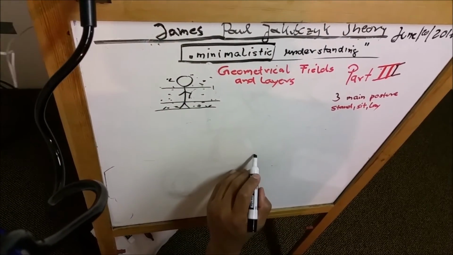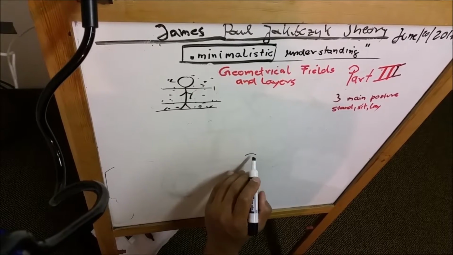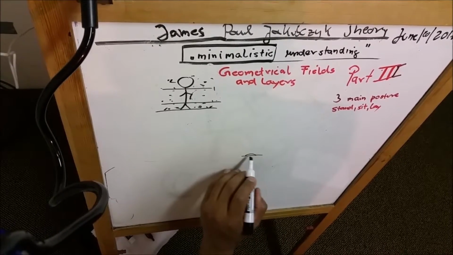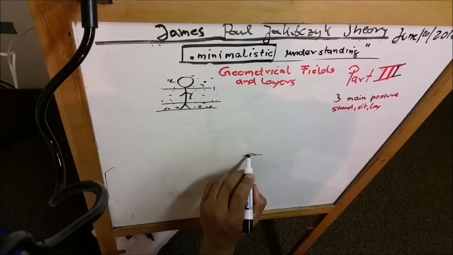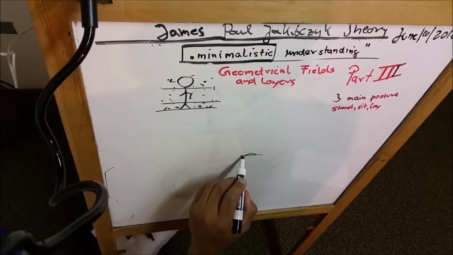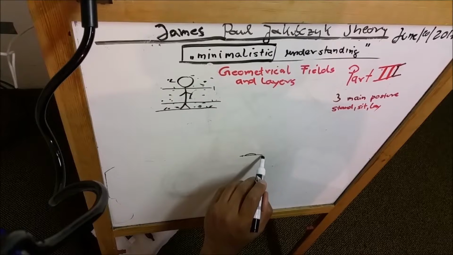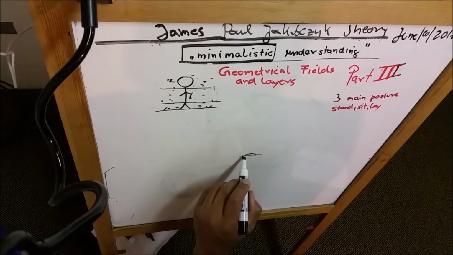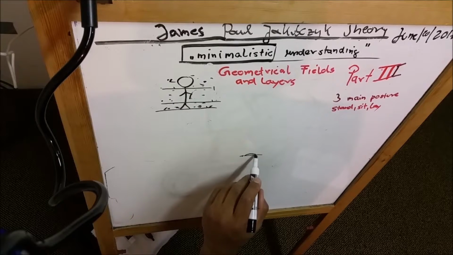Also, let's say this is our eye right here, and we're looking in this direction. It's the same thing when you stand and you look at the horizon. So this is our eye pupil right here.